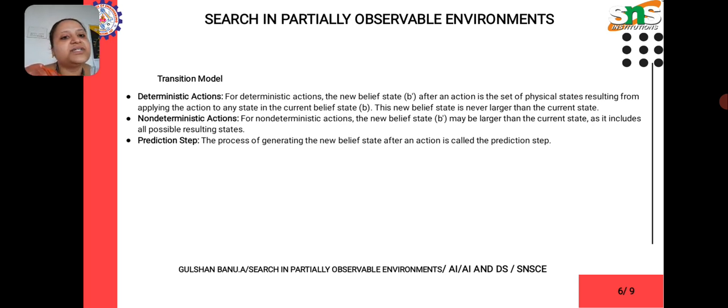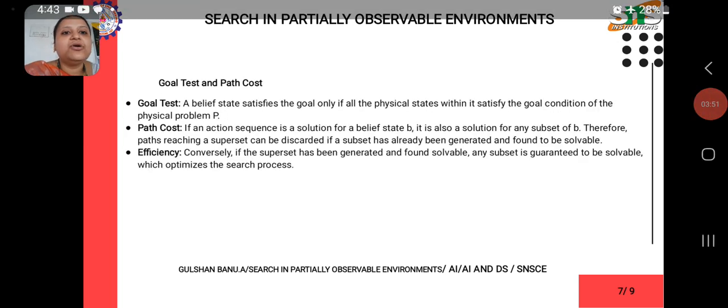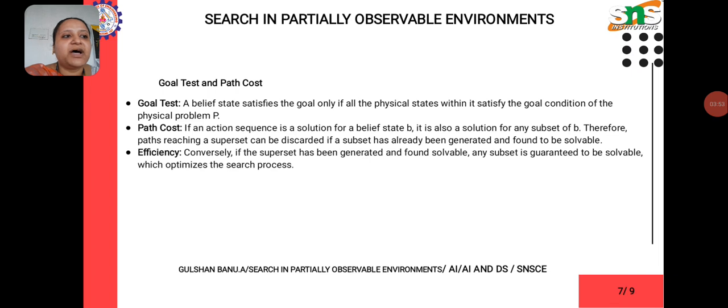Now what is the prediction step? When you predict a value based on the belief state, where you predict that this is going to happen in the next process, it is called the prediction step. Okay, now we'll see the goal test and path cost. A goal is something that you define and work toward. The belief state satisfies the goal only if all physical states within it satisfy the goal condition of the problem.